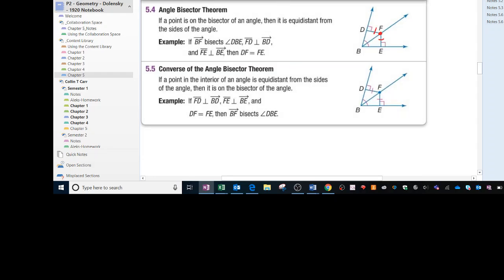It's equidistant from the sides. Notice that whenever we talk distance, the shortest distance between a point and a line is the perpendicular to that. So just remember that.